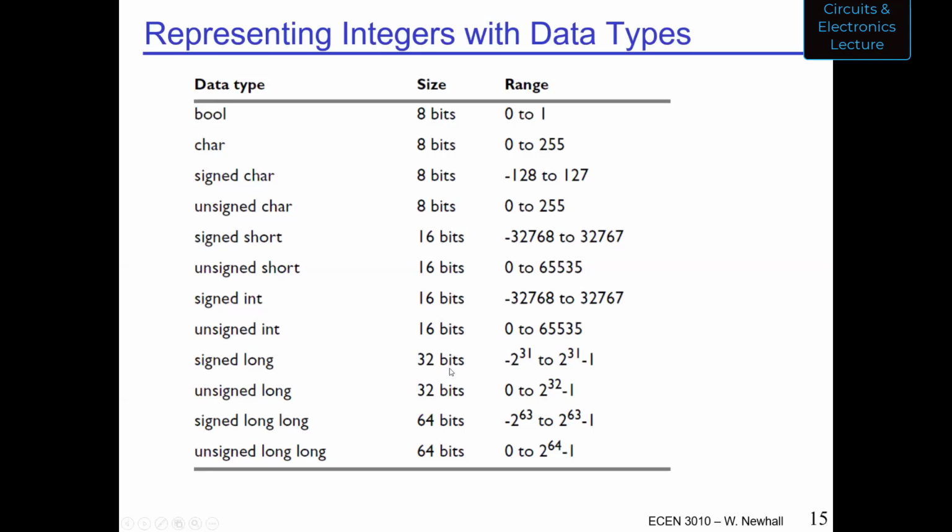And if you need bigger numbers, you have long integers, right? If you need really big integers. So the microcontroller reserves places in data memory in order to store values of different types.